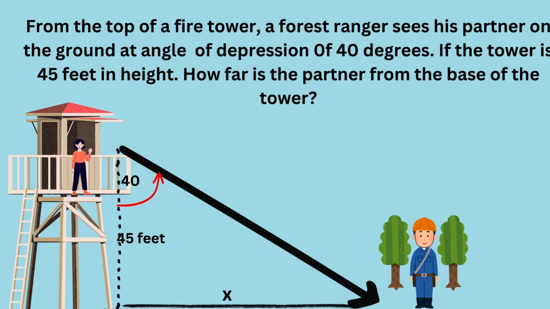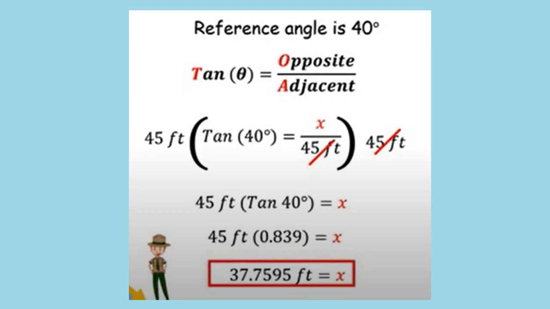We will use one of the trigonometric ratios, which is the tangent. Our reference angle is 40 degrees, and tangent is equal to opposite over adjacent. Since our adjacent side is given, we will find the opposite side.